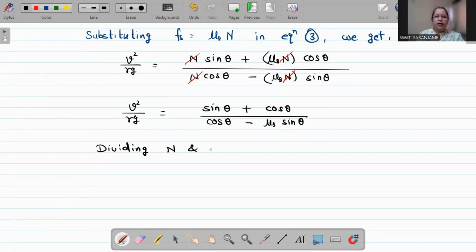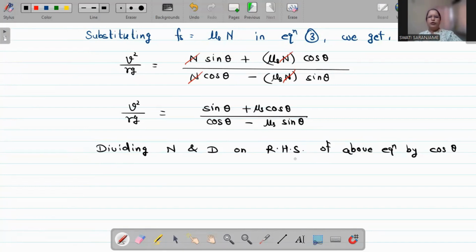So the trick that you have to remember is dividing numerator and denominator on the RHS of the above equation by cos theta. Here also I had forgotten mu s, so let's write mu s cos theta.